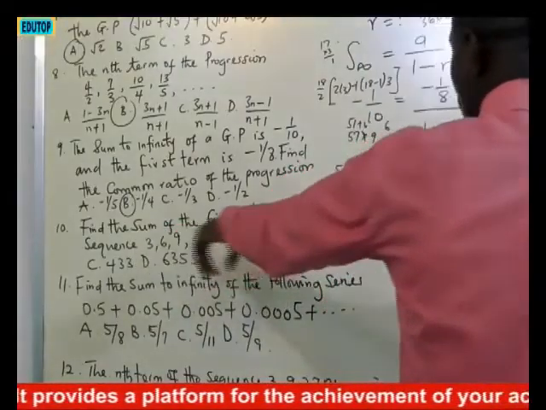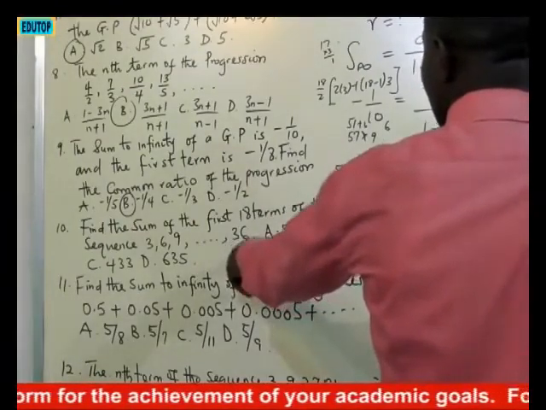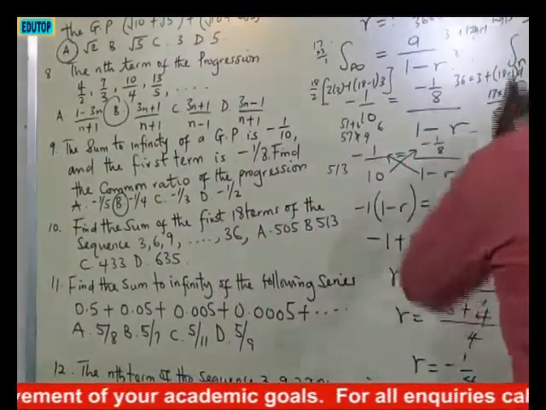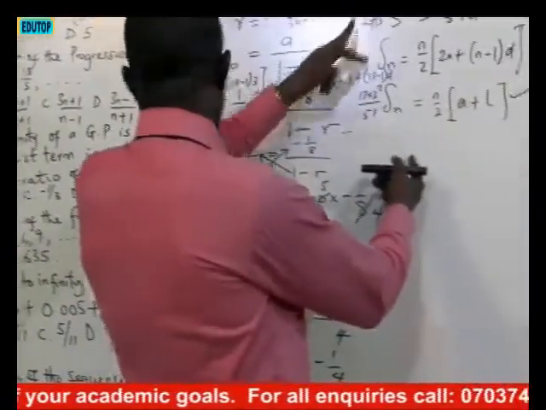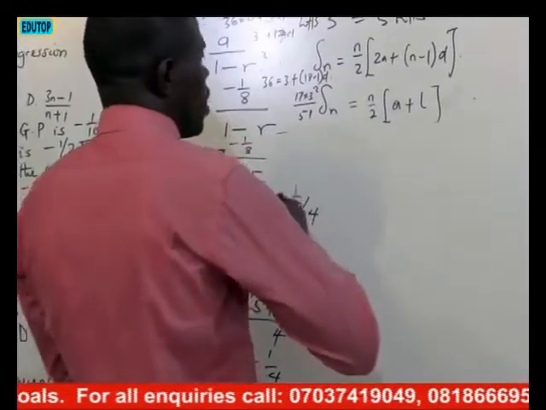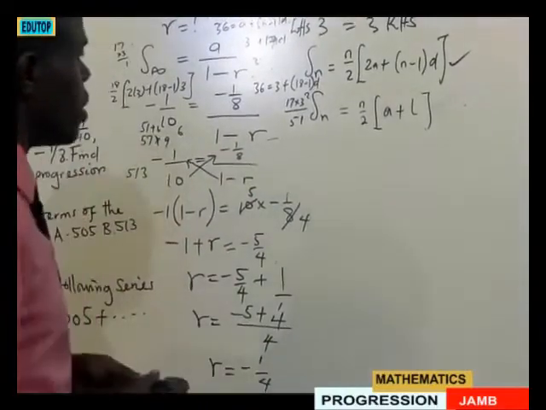Following this trend, since there is a comma here, it shows that this 36 is no longer the last term. So since this 36 is not the last term, we cannot use the second one. Rather, we will use this one.